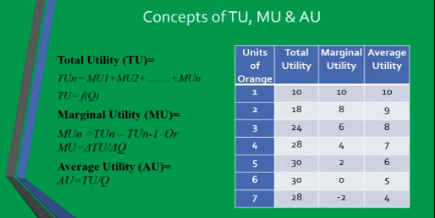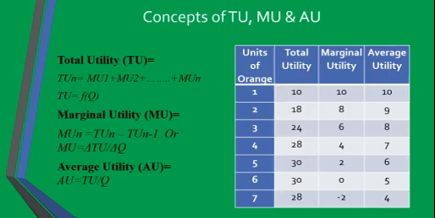If you subtract the utility derived from the first unit of orange, we will get the marginal utility. Therefore, 18 minus 10 is equal to 8, which is the marginal utility derived from the second unit.